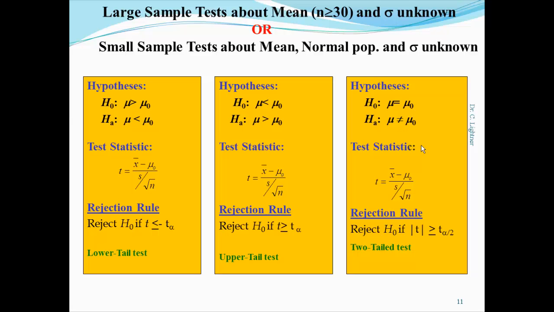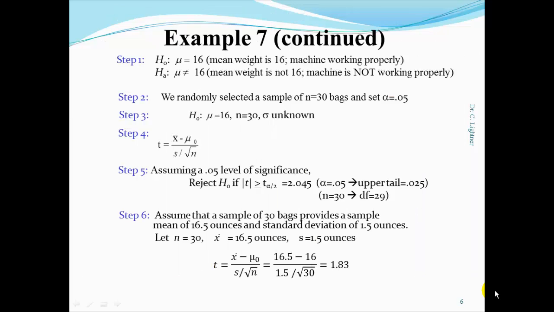The test statistic and rejection rule written in this box should be used for our problem. In step 4, we state our test statistic, and in step 5, we state our rejection rule.